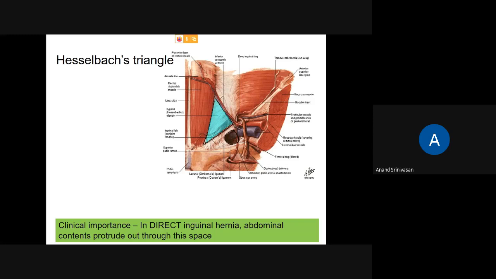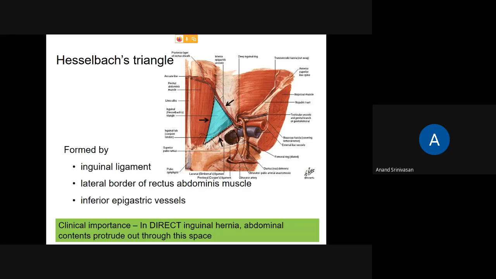Now the Hesselbach's triangle. What is this triangle and what is its importance? The base is formed by the inguinal ligament. The medial border is formed by the lateral part of the rectus abdominis, and the lateral border is formed by the inferior epigastric artery.